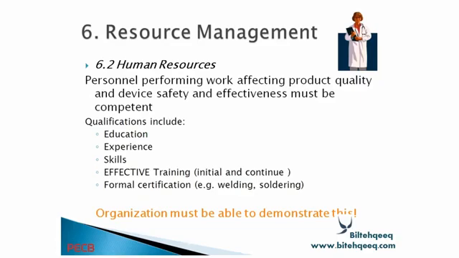Like if you have a welder or soldering operator, he must have the related certification. The organization must be able to demonstrate this, and if required, the organization can present that its human resources are competent.